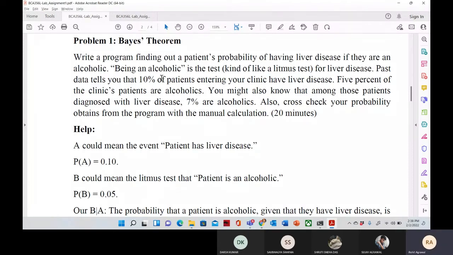Past data tells us that 10% of the patients entering your clinic have liver disease. So you can say this is event A, so P of A is equal to 0.10, where A is an event where patients have liver disease. 5% of the clinic patients are alcoholic.